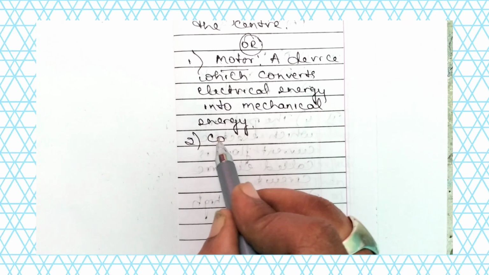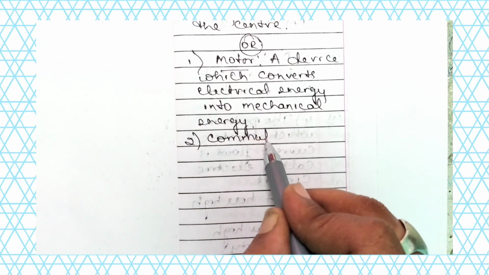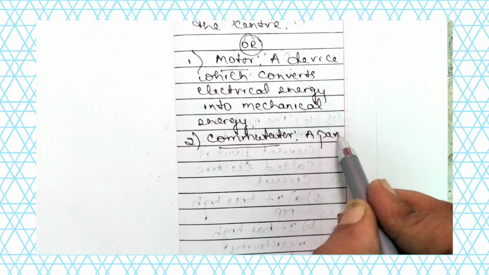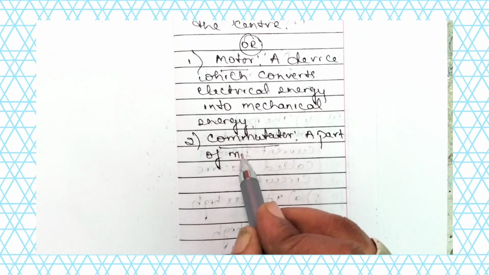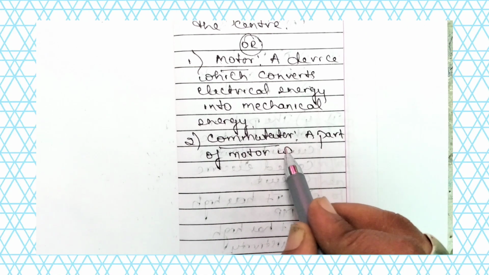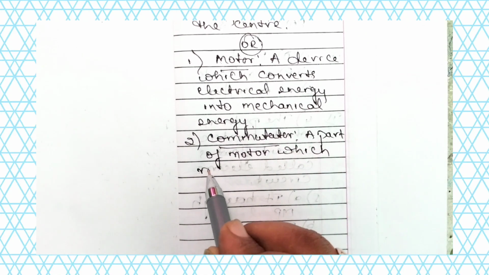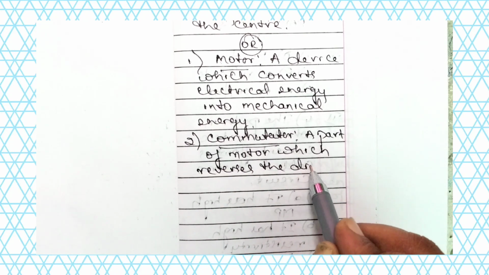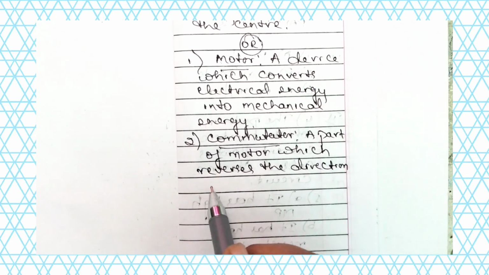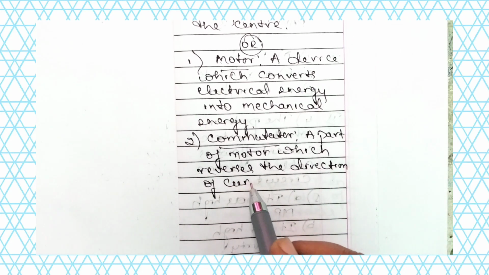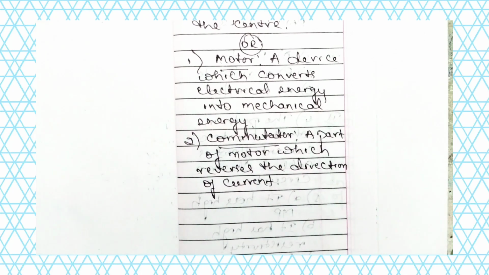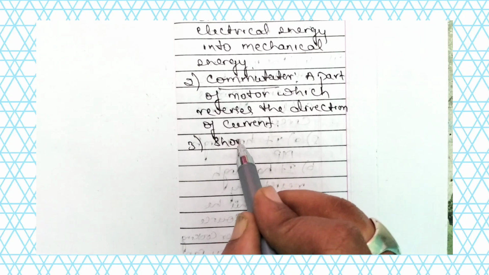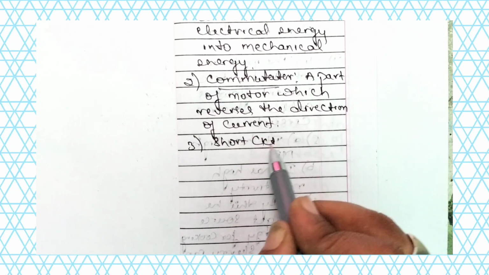Then the second definition, what is a commutator? A part of a motor which reverses the direction of current. We call this a split ring commutator. Then coming to the third one, short circuit. What is short circuit?